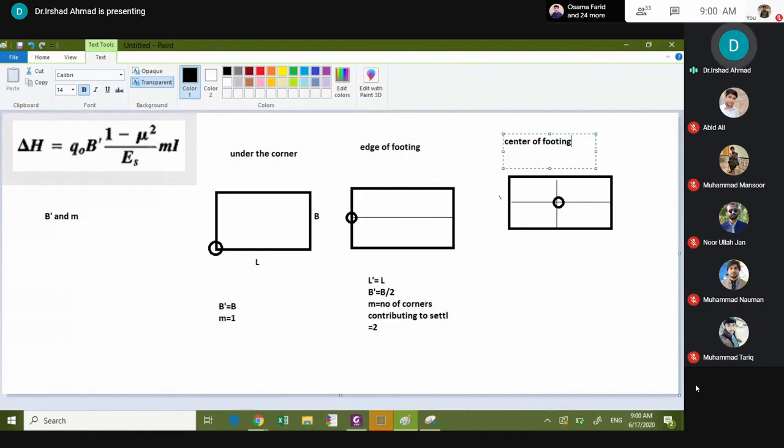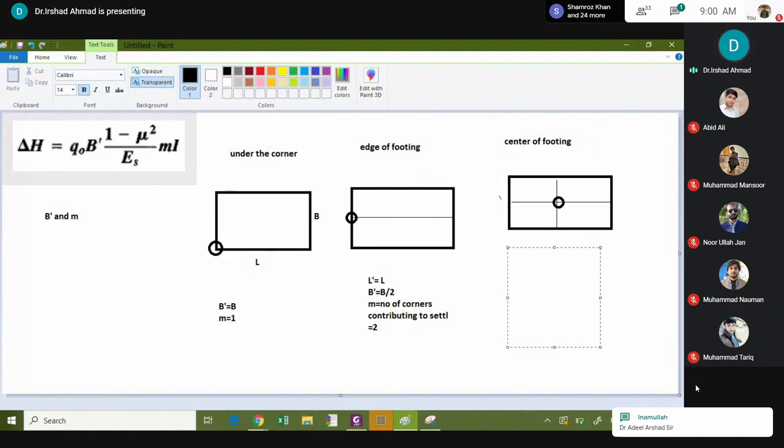Now tell me what should be the B prime, L prime and M. What should be the B prime? B by 2 or L by 2? B by 2. Yes, because there are 4 rectangles and each rectangle dimension is B by 2. Sorry, L prime would be equal to L by 2.